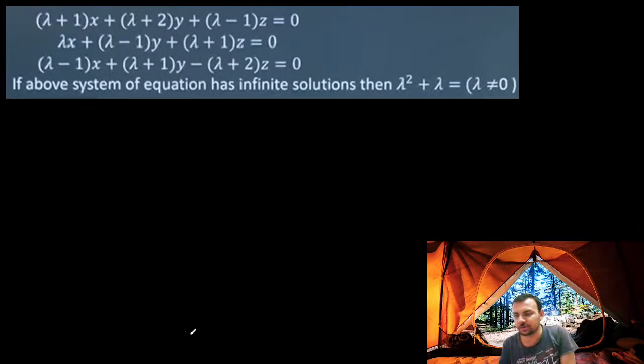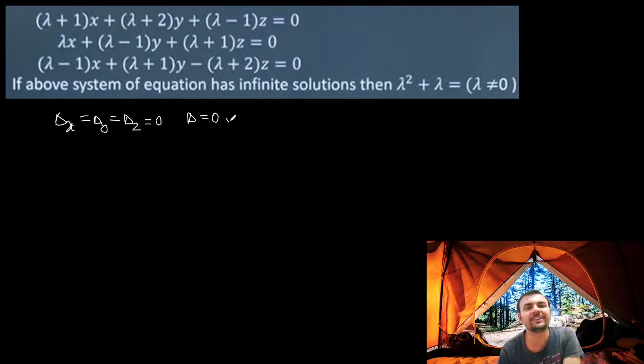Okay, now this is the question. (Lambda plus 1) into x plus (lambda plus 2) into y, lambda minus what? Okay, the above system has infinite solutions. That means delta x, delta y, delta z are 0, so we should make delta equal to 0.